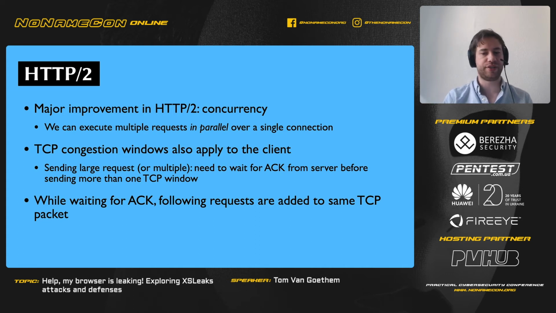Then the client needs to wait for an acknowledgement from the server before sending the rest of the request. And while waiting for this acknowledgement, all the requests that follow will be added to the same TCP packet.